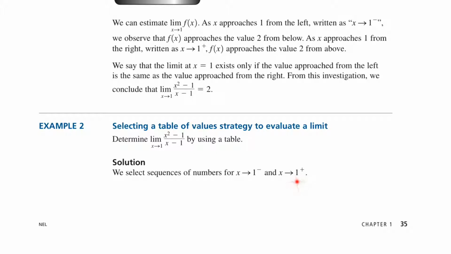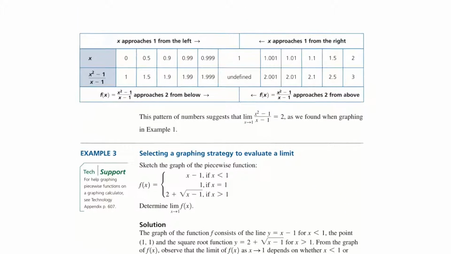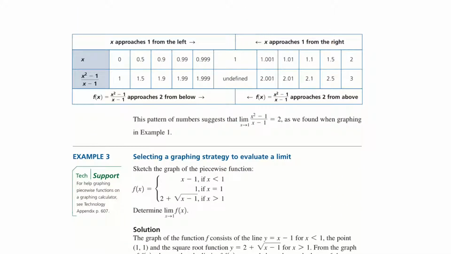And x approaches 1 from the right side. x is bigger than 1 in this case. So from the left side, we start from 0, 0.5, 0.9, 0.99, and 0.999. From the right side, we start with 2, 1.5, 1.1, 1.01, 1.001. As you see, x approaches 1 from either side, and we are looking for y values.